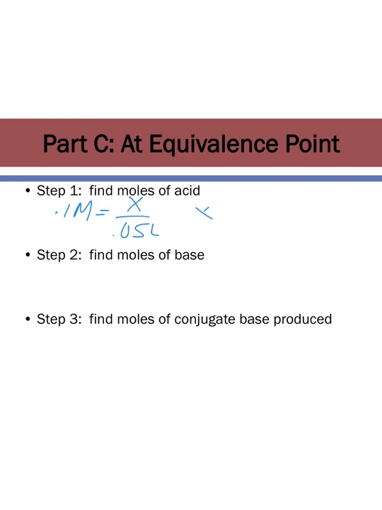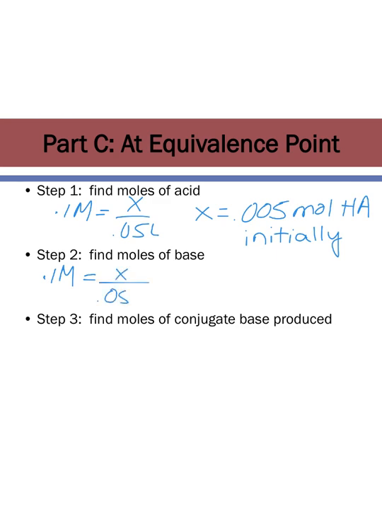So then we would have 0.005, or 5 times 10 to the negative third, moles of the weak acid present initially. We also have the exact same amount of base that has been added because 0.1 and we added 50 milliliters.